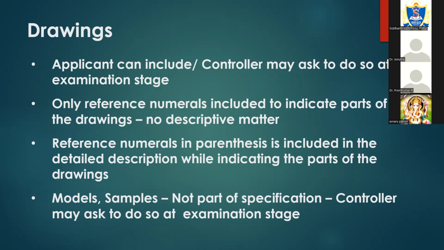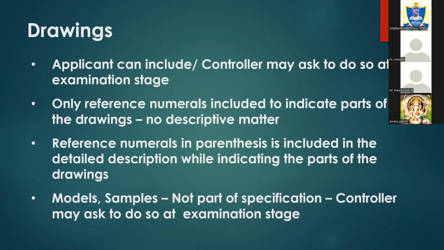The drawings should include only engineering drawings, not pictures or photos of your invention. That is the first thing. And the second thing is, whatever parts or numbers are available in the drawings, they should not be named in the drawing sheet itself, but should be numbered.